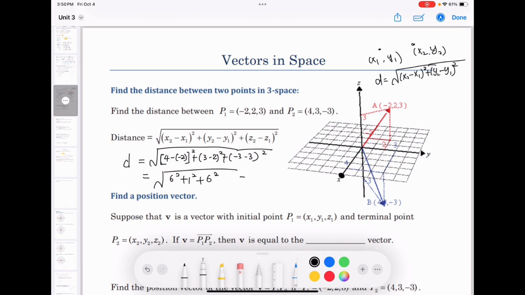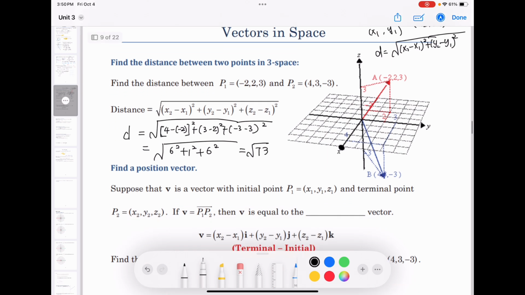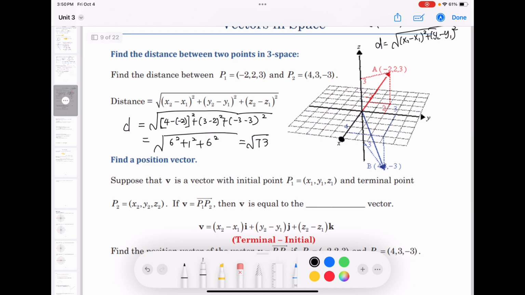That is the square root of 73, because 36 plus 36 plus 1 is 73. The distance between the two points is the square root of 73.